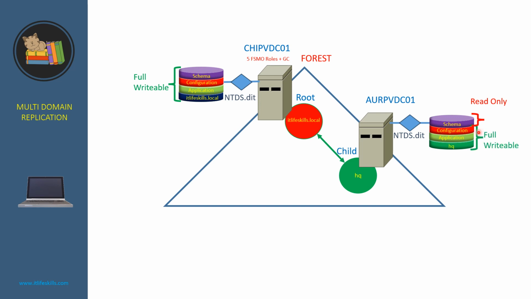The configuration, the application, and the domain partitions are writable to OPVDC01, and the domain partition contains all the objects with full attribute set for the domain hq.itlifeskills.local. OPVDC01 is assigned with all 3 flexible single master operation roles plus the global catalog role.